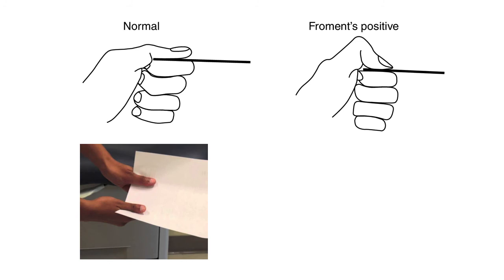Whereas when there is adductor pollicis weakness, the patient will not be able to adduct the thumb. However, he will not allow the paper to be pulled by holding it by flexing the interphalangeal joint of the thumb by the flexor pollicis longus supplied by median nerve, and this is called as Froment's positive.